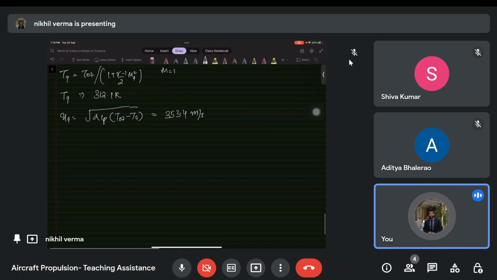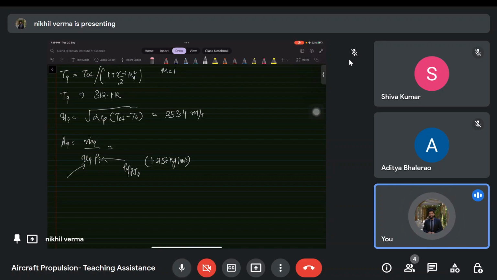So U9 is known. Now let us calculate A9, the area at the exit. The area at the exit is M dot 9 divided by U9 into rho 9. Rho 9 is just P9 by RT, which is 1.257 kg per meter cubed. Just substitute this value and see.